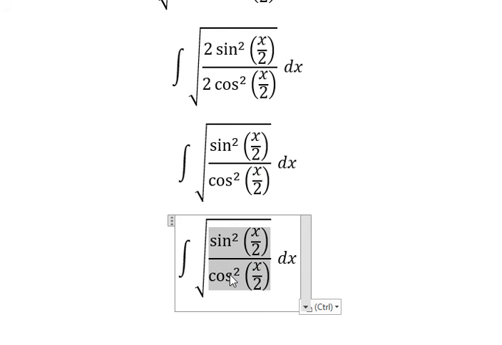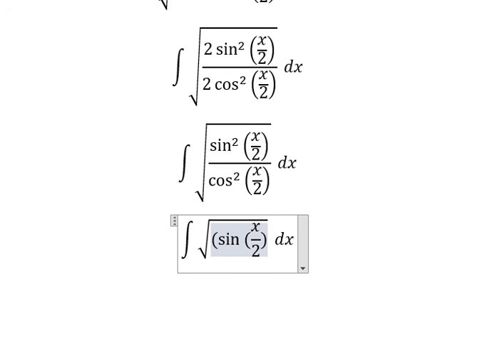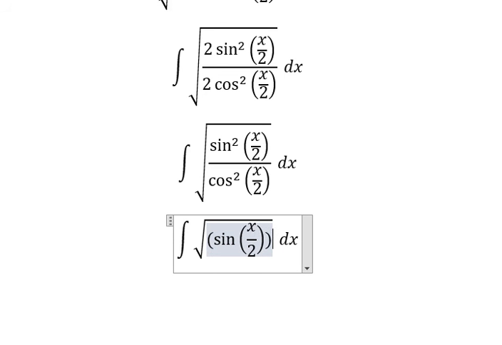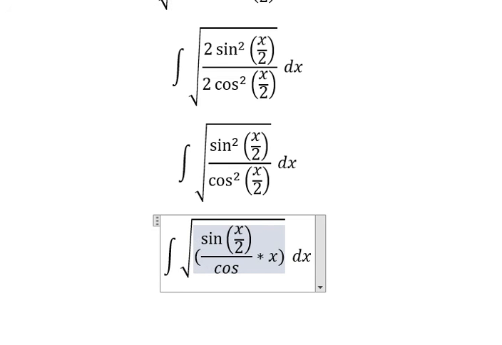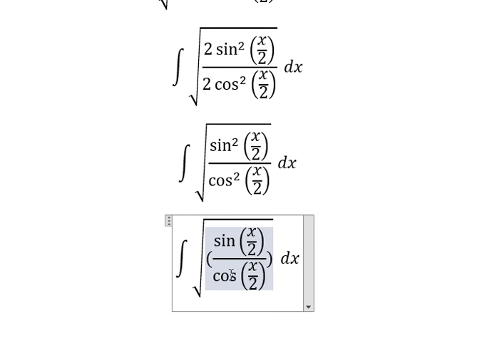And this one we can write into sine of s over 2 over cosine of s over 2. And we put the power 2 in here.